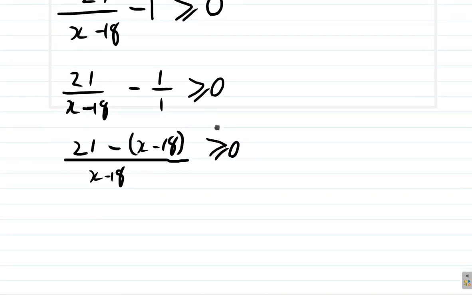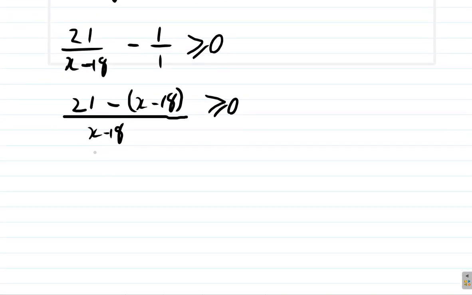Now what happens after this? We have up top 21 minus x plus 18, right? Negative 1 times x, negative 1 times negative 18, positive 18, right? So it's like you're saying plus negative 1 times what is in the bracket.